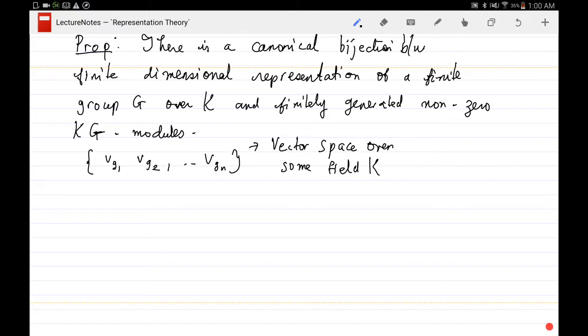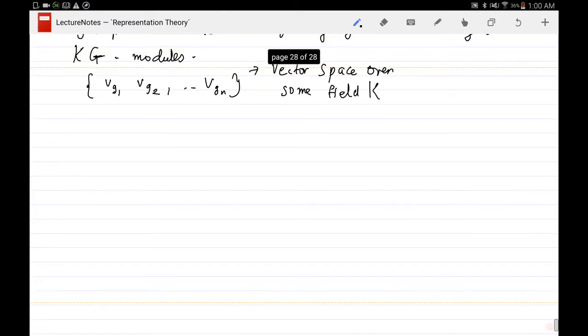And that has the structure of an algebra. So how do I summarize all this? What all this says is that I have a KG module.